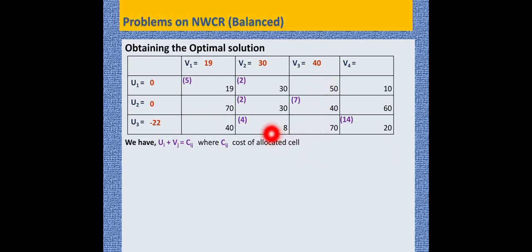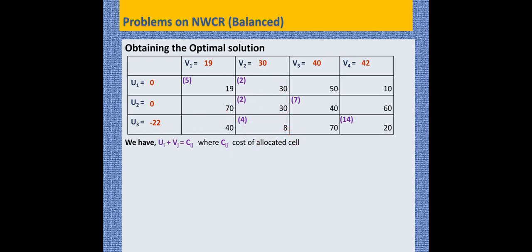Why it is minus 22 means here u3 plus v2 is equal to 8. So v2 is equal to 30 here. So 8 minus 30 will be minus 22.